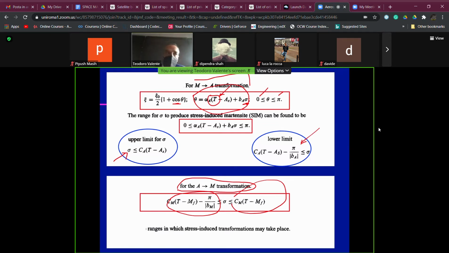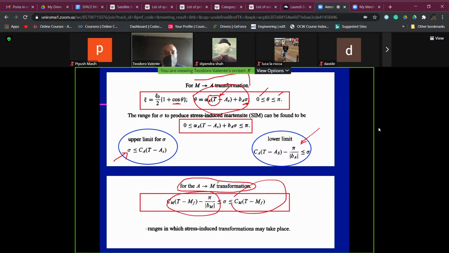So we do have an initial behavior of the shape memory alloy, which is essentially purely elastic. Then when we reach the lower limit for the austenite to martensite transformation, the phase transformation starts.